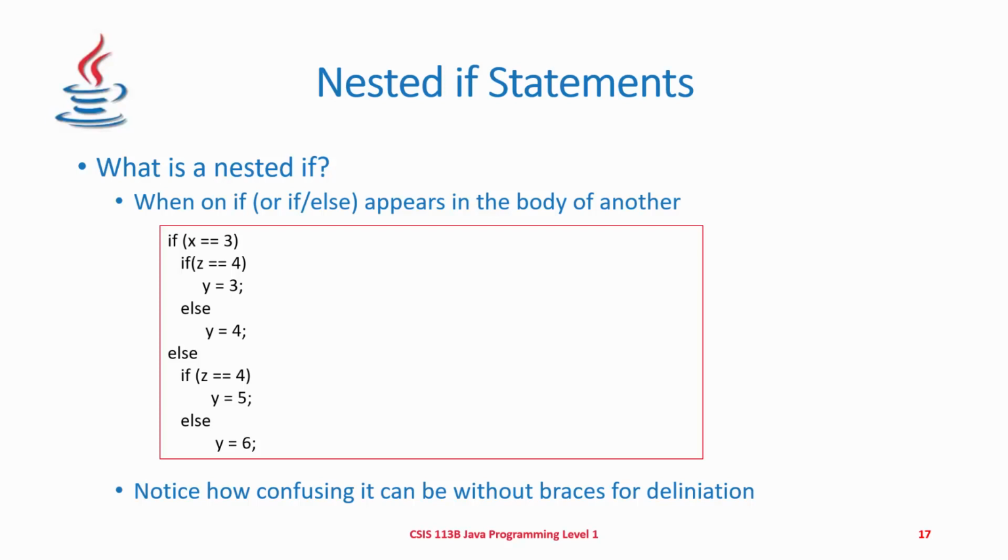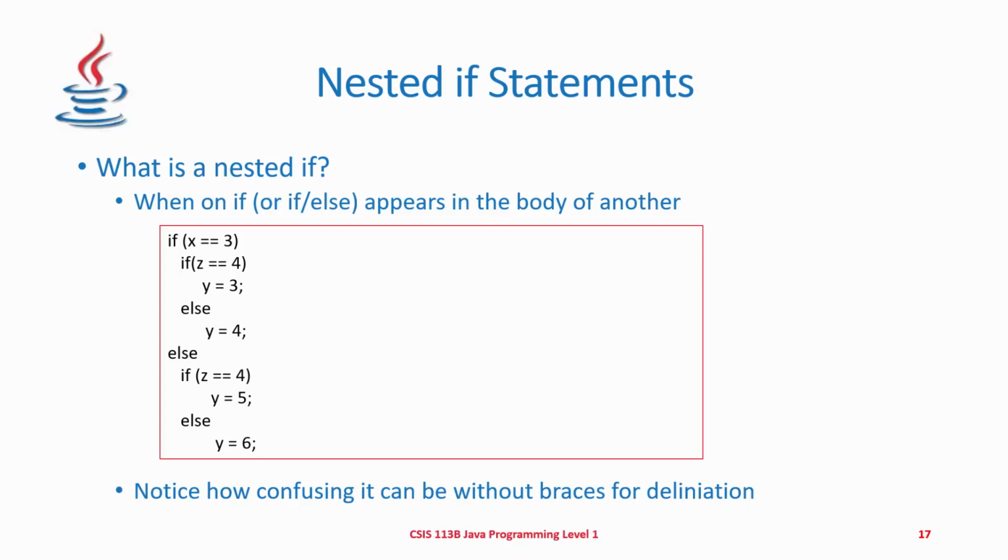In this example, we have an outer if statement checking the condition to see if x compares to 3, and then a nested if statement inside of that. So if x does compare to 3, then it's going to check to see if z compares to 4, and then there's a true and a false for that condition.